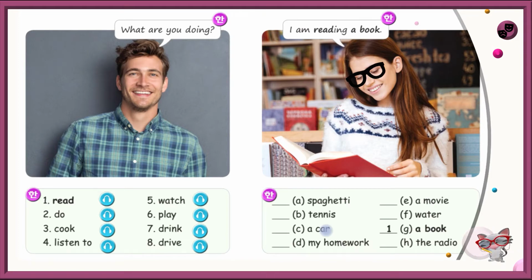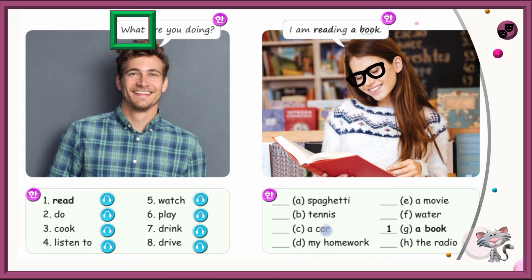So let's talk about, here we have the question by the man, what are you doing? And the woman answers, I am reading a book. So in the question, Younghee, what is the question word? Question word is what. And in the answer, the sentence answered by the lady with the glasses and book, what is she reading?